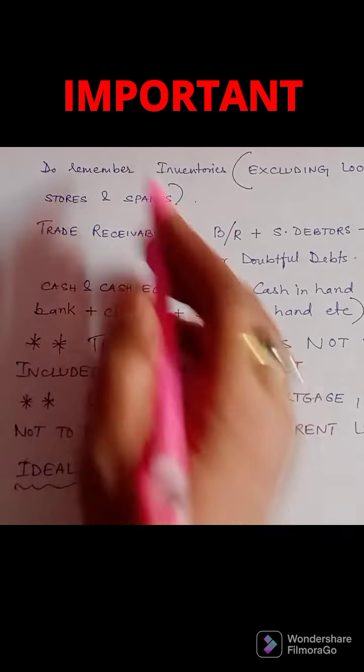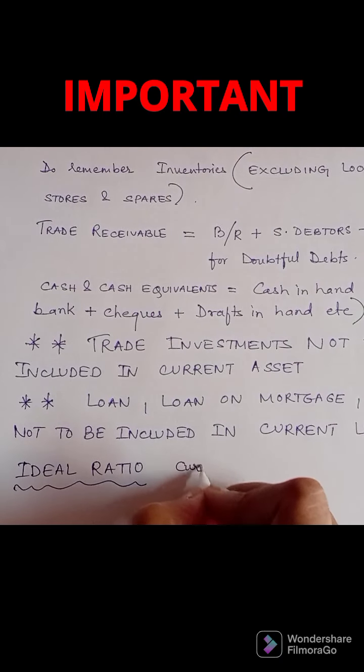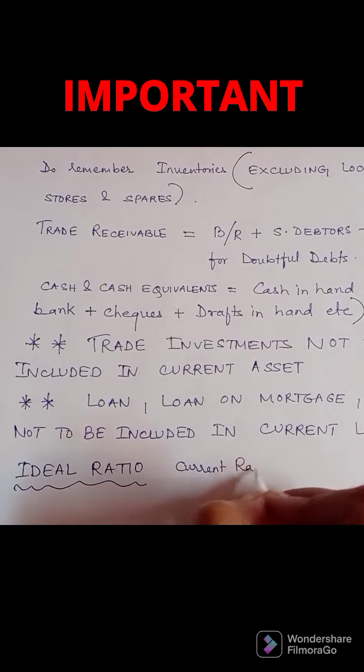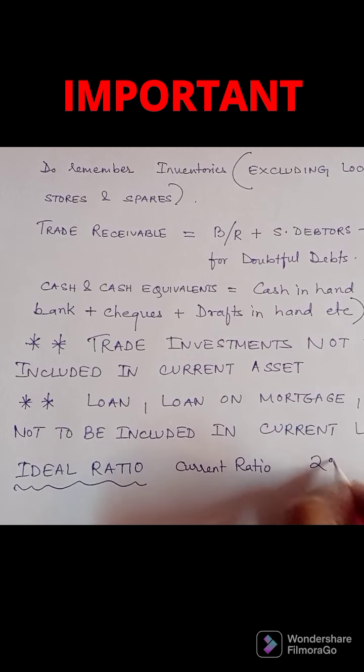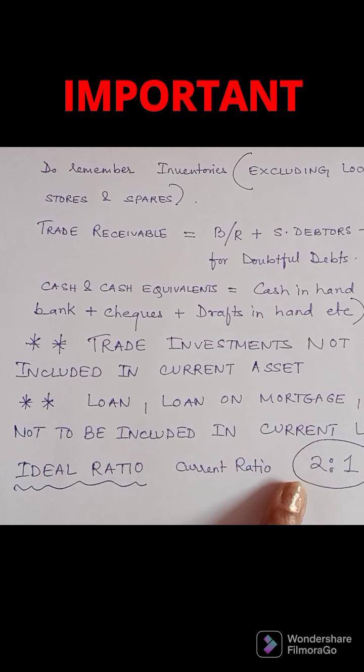So when we talk about current ratio, the ideal ratio is taken as 2:1. That is, your current assets should ideally be double that of your current liabilities. In that case, your liquidity position is good. For every current liability, you have double the amount of current assets.